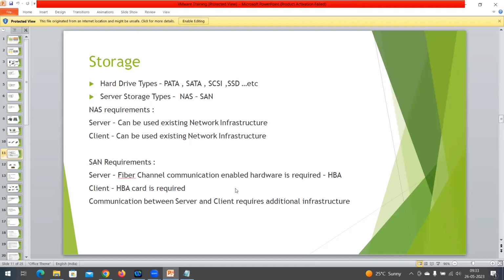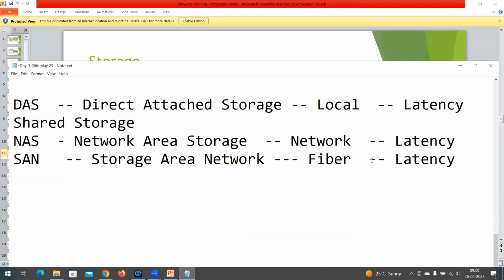Whereas in SAN, what is required? It is going to run on fiber optic cables, and fiber optic infrastructure has to be laid down to incorporate the SAN requirements. So what is this? HBA card. For each server to establish SAN communication, a separate card is required, that is nothing but a host bus adapter. For SAN communication, it is the host bus adapter, the HBA card.